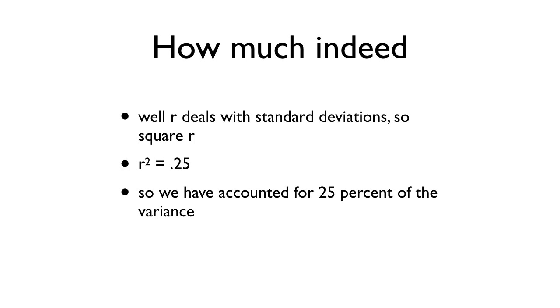That means there's 75% of the variance left to explain. We've explained lots, but we've got a lot more available to still explain. Make sense so far?